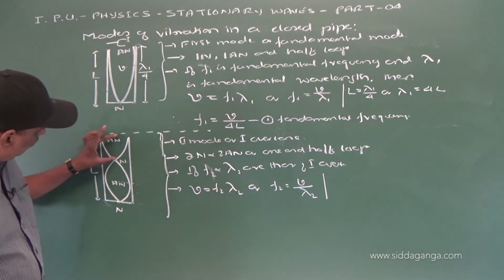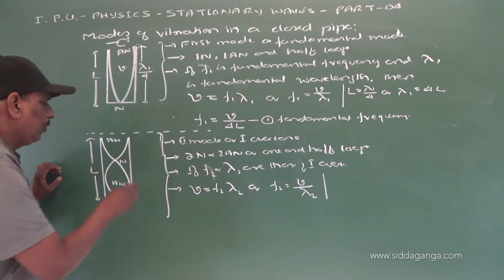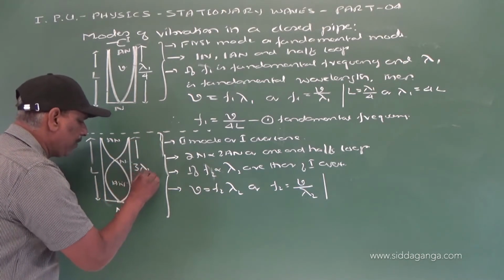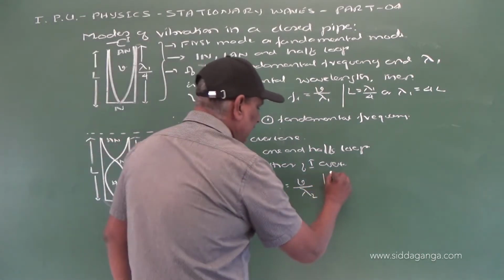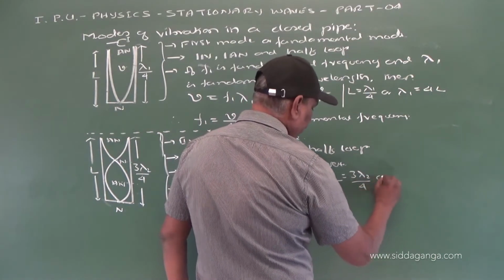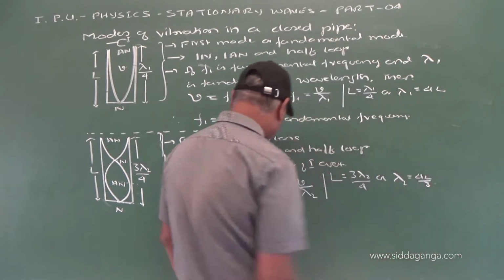So lambda 2 by 4 plus lambda 2 by 4 plus lambda 2 by 4. So the length is equal to 3 lambda 2 by 4. Therefore here length L is equal to 3 lambda 2 by 4, or lambda 2 is equal to 4L by 3.